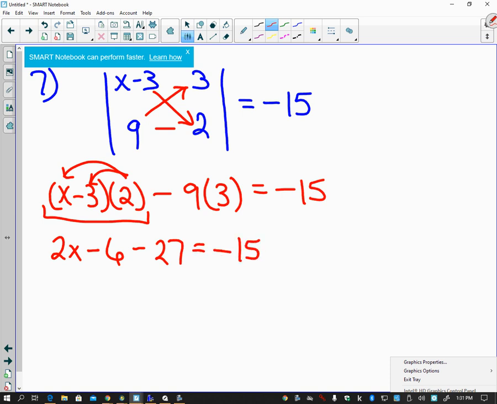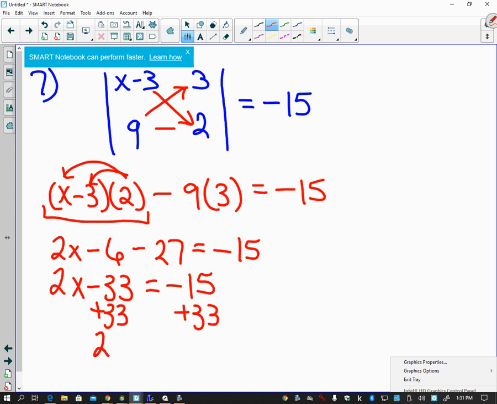Okay, what do I do on the left-hand side? Combine like terms. So I got 2x, I got negative 6, and negative 27, which would be what? Negative 33. Negative 33 equals negative 15. Now what? Add 33 to both sides because we're trying to isolate x.